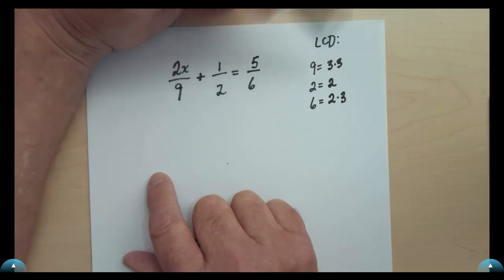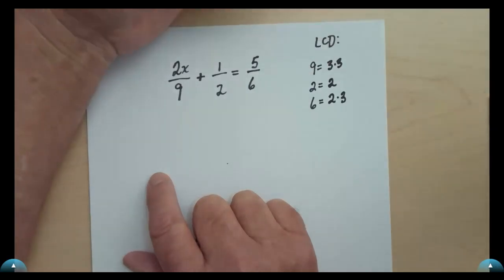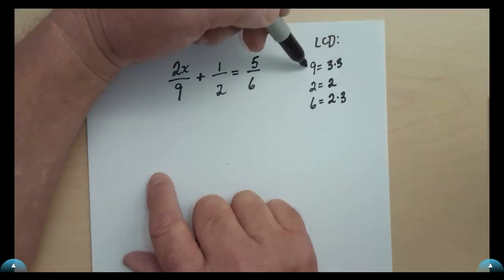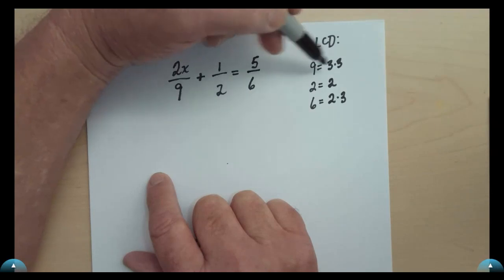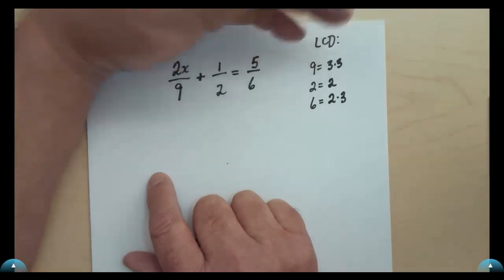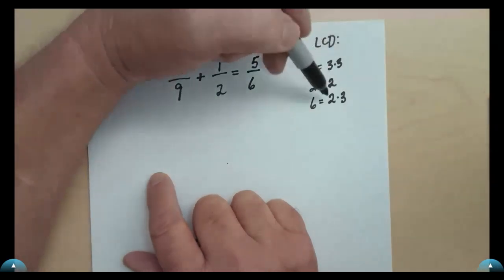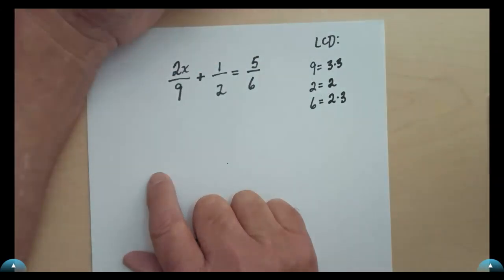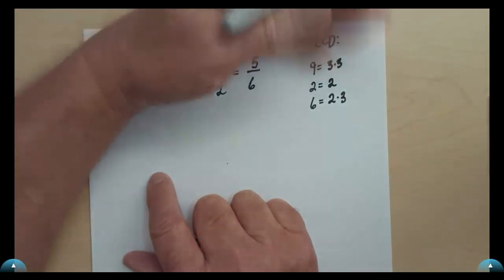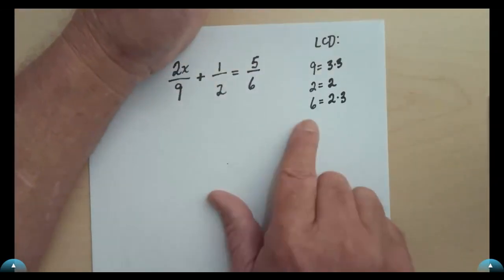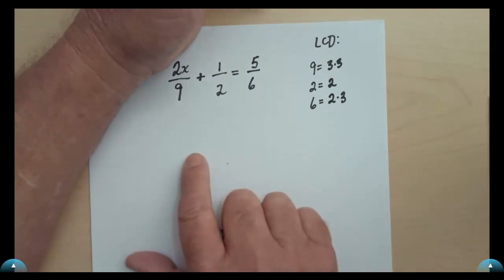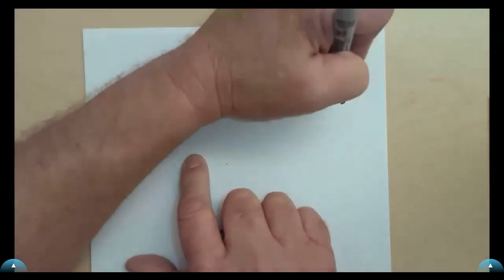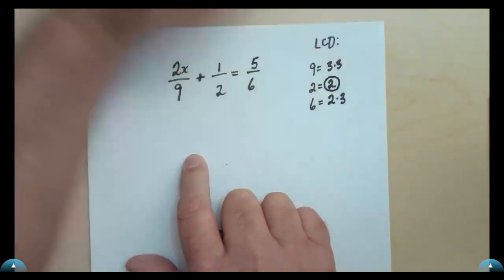If I look at the factors of 2, there aren't any in the number 9. There's one factor of 2 in the number 2, and one factor of 2 in the number 6. So no denominator has more than one factor of 2, then I need exactly one factor of 2.